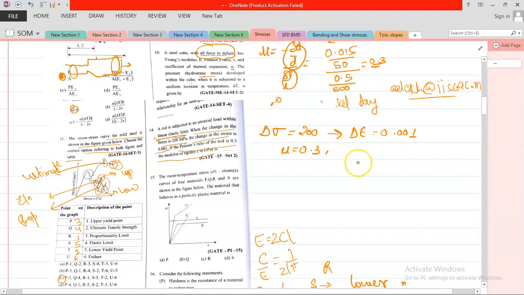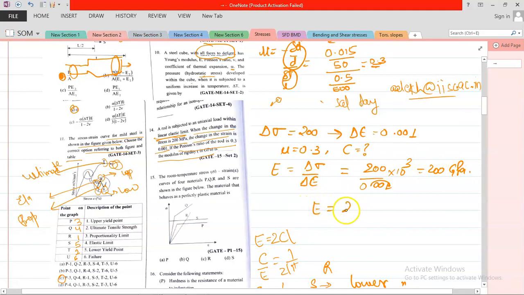Modulus of rigidity we have to find, so that is C we need to find. First of all, find E. You can obtain that by delta sigma by delta epsilon. Now what is the value? This is 200 divided by 0.001. If you take this, it is 10 to the power 3 upside, and it will be 1, so this is 200 gigapascal. Now it is said to find the modulus of rigidity.